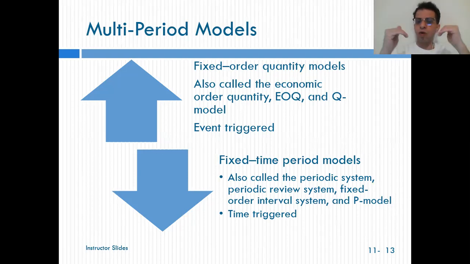And then you have what you call the fixed time period model, which is also called a periodic review system, or fixed order interval system, and the P model, because it's a periodic system. And it's a time trigger. So every 3 months, you check the warehouse and you buy the missing part.